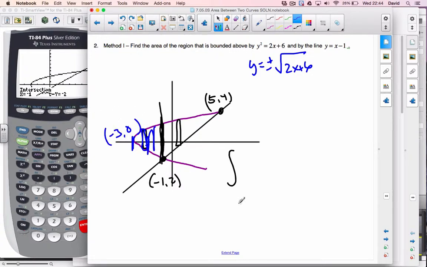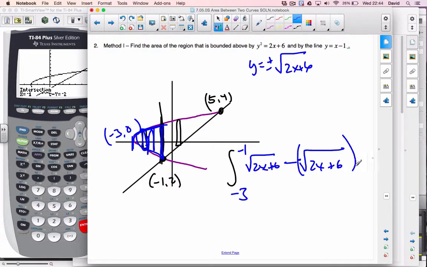But I'm going to go from -3 to -1, and that will get me this area here to -1. The upper curve, which is positive square root of 2x plus 6, minus the negative part, which is a lower curve, dx. And so if I do that, it should work out. That's the first part, A.